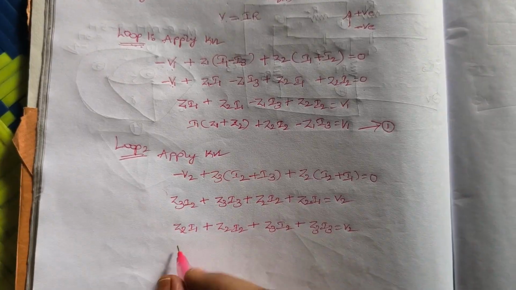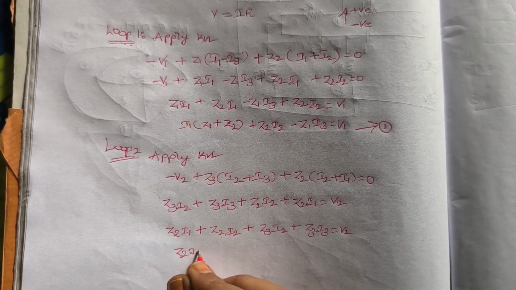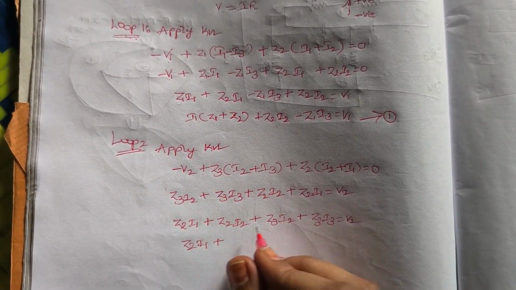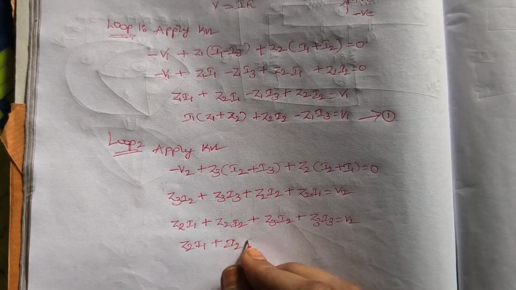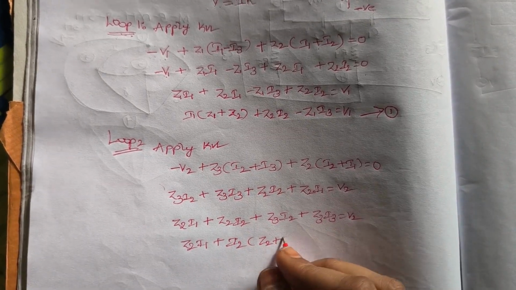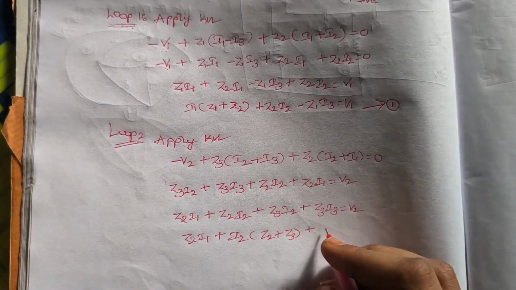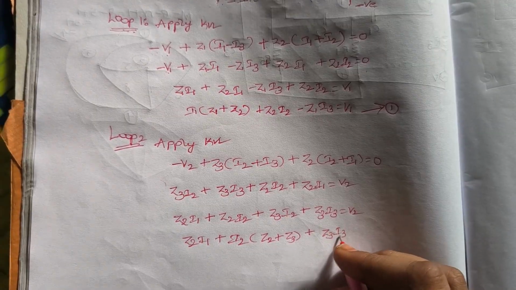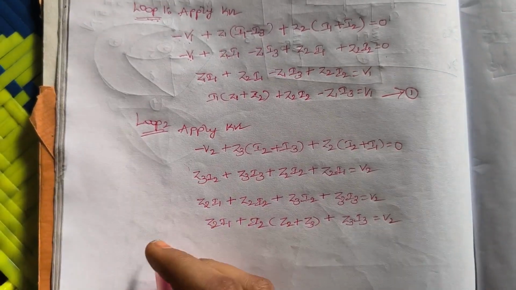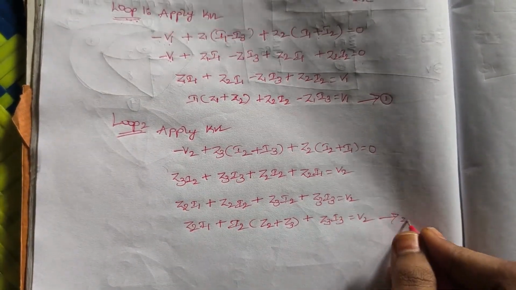In these two elements, I2 is common: I2 times Z2 plus Z3, plus Z3 I3 equals to V2. And this is equation 2.